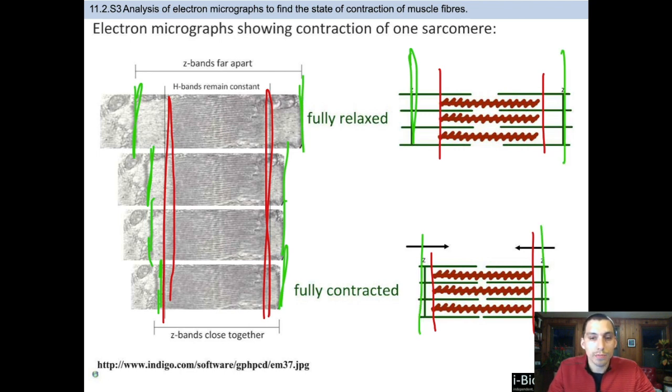The Z lines move closer together. The myosin pulls the actin in towards the center, and that condenses those Z lines closer together. So you should be able to look at an image like this one on the left and infer whether the muscle is relaxed, contracted, or somewhere in between.